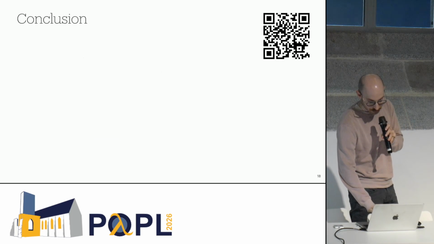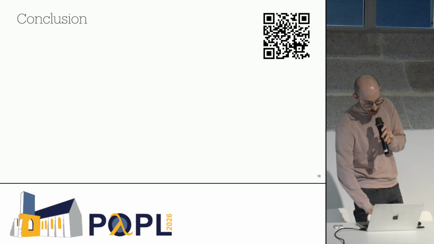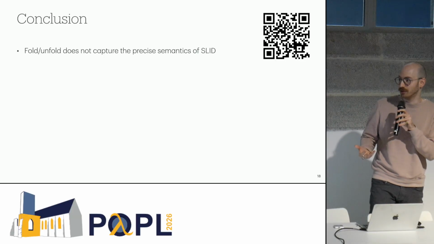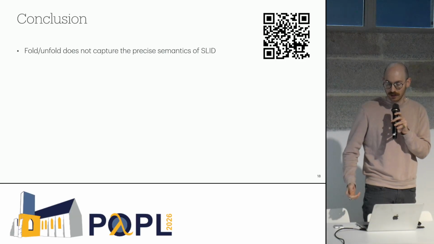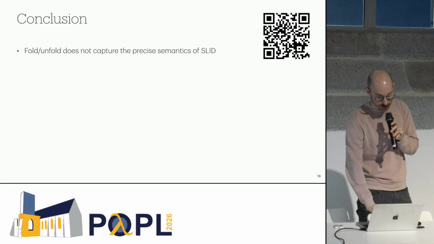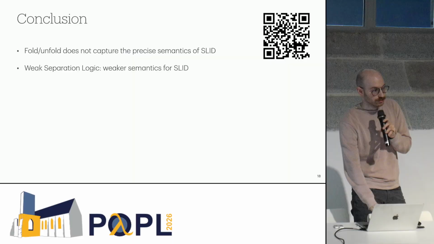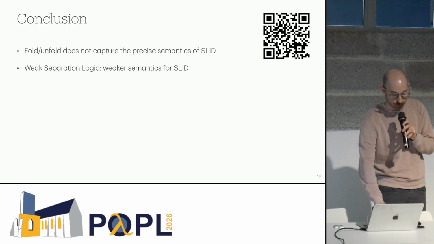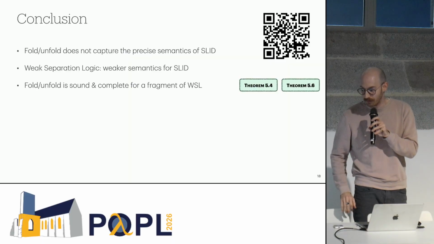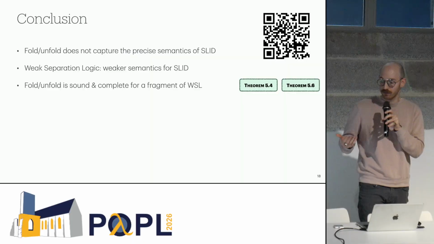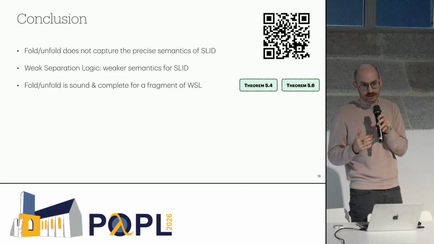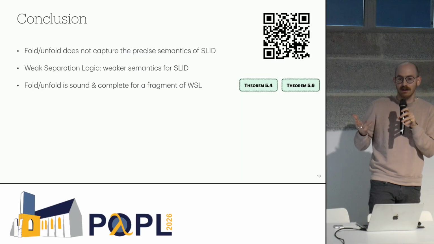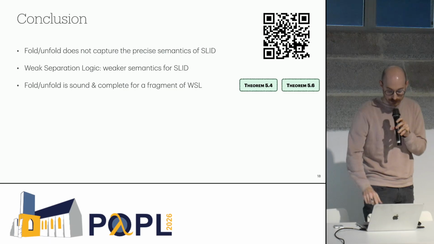Okay. So to conclude, I talked about how fold-and-fold does not capture the precise semantics of separation logic with inductive definitions. I introduced weak separation logic, which gives weaker semantics to separation logic with inductive definitions, and talked about how fold-and-fold is sound and complete for weak separation logic. So basically, that logic is the logic of that reasoning mechanism.